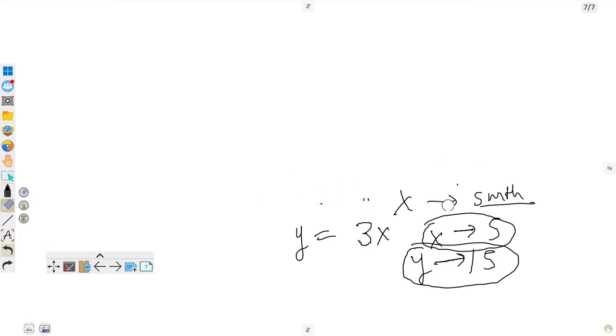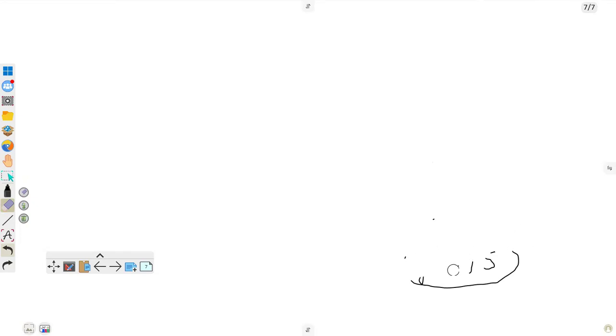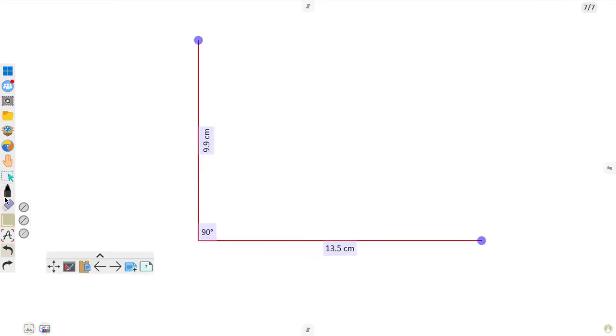So let us take a graph. Let's say I take a graph of x cube.